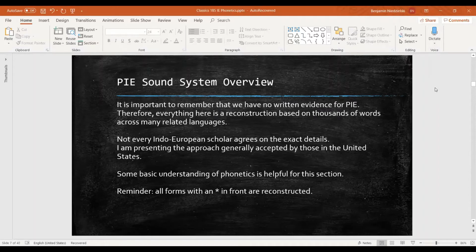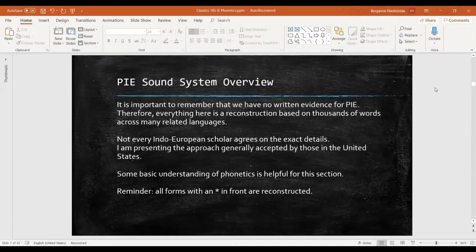Now, with that said, not every last scholar agrees on the exact details of this reconstruction. So what I'm presenting is one approach that's generally accepted by people within the United States. If you go to other places that study Indo-European, in Europe, for example, you may get a somewhat different generalization of the sound system.